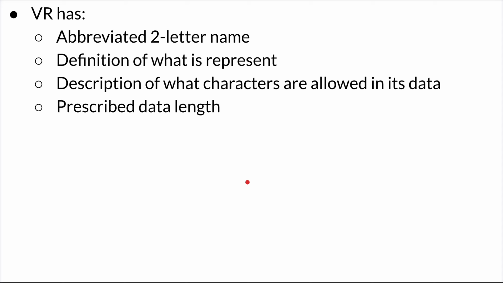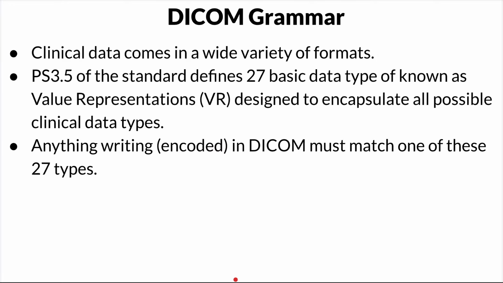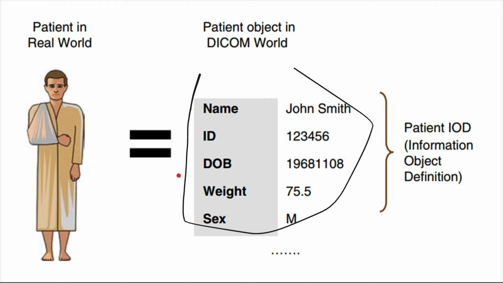Then a definition to tell you what a thing is. Then we also have the number of characters allowed. For example, if you are talking about a name, what number of characters should we use? Here, how many characters? 1, 2, 3, 4, 5, 6, 7, 8, 9, 10. 10 characters.